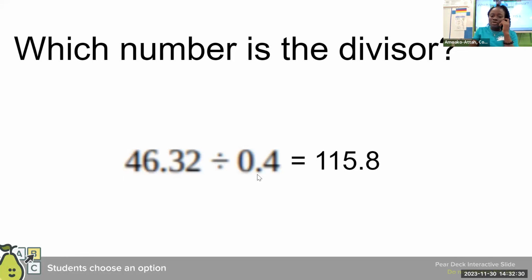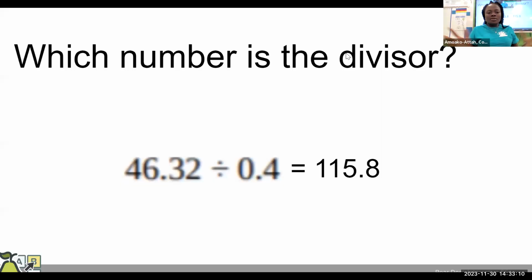We have to convert this to a whole number by moving the decimal point to the right, or by multiplying it by 10, because it's just 1 digit after the decimal point. If you multiply it by 100, you wouldn't be wrong, but make sure you do the same thing to the dividend. Then you now solve the problem. So that is all that I wanted to tell you.